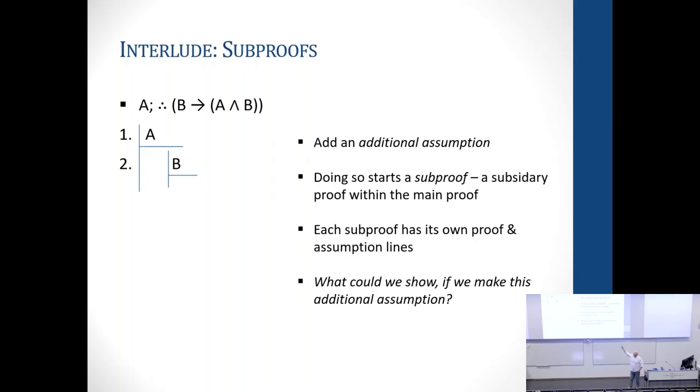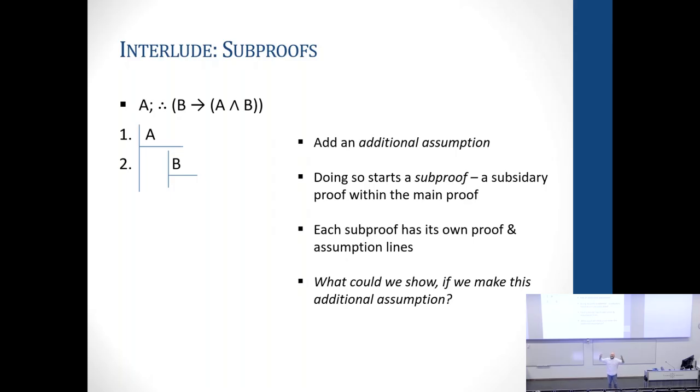So we can ask, what can we derive at line 3? Here's the neat thing. If you're in a subproof, you have everything that's on your subproof line and everything that's to the left. So right now, for us at line 3, we have access, if you like, to sentence 2 and to sentence 1.